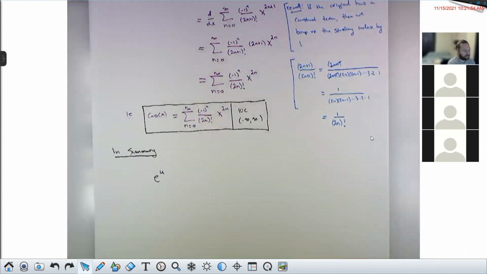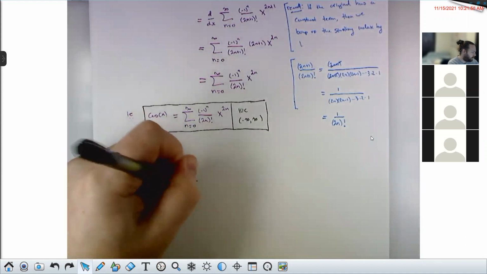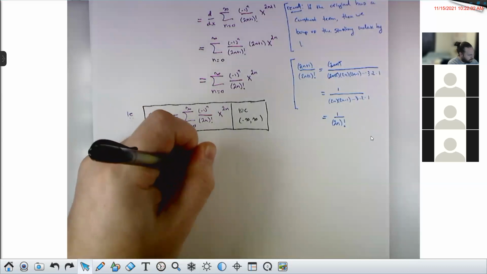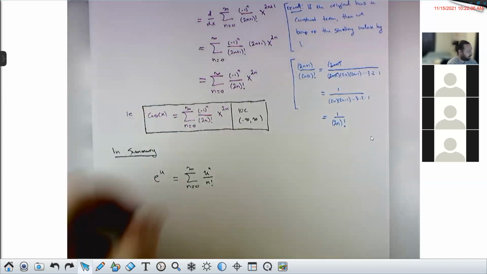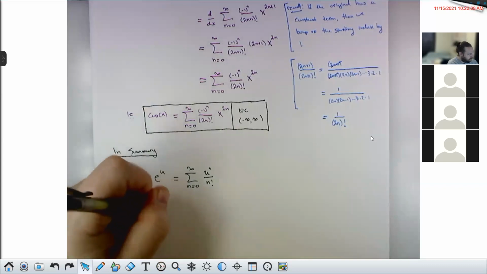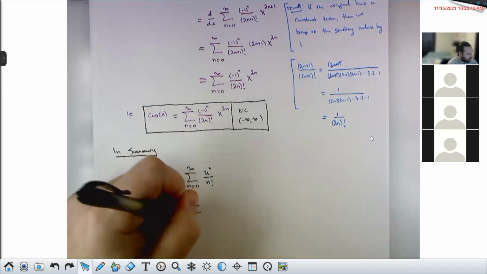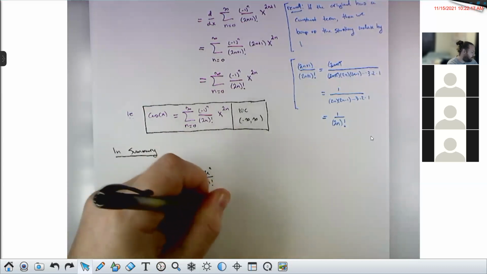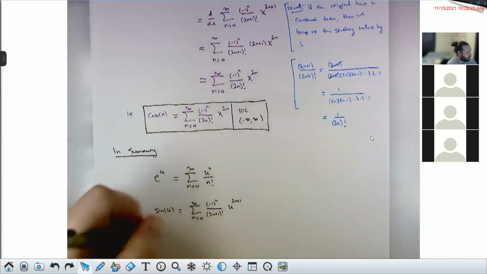E to the u can always be written as sigma n from 0 to infinity, u to the n over n factorial. Sine of u can always be written as sigma n from 0 to infinity, negative 1 to the n over 2n plus 1 factorial times u to the 2n plus 1.